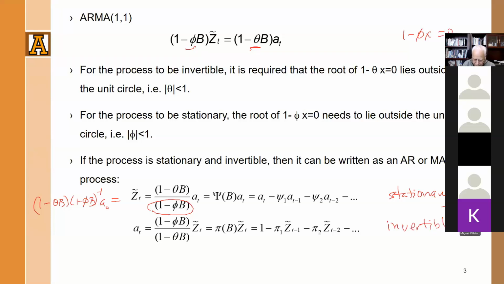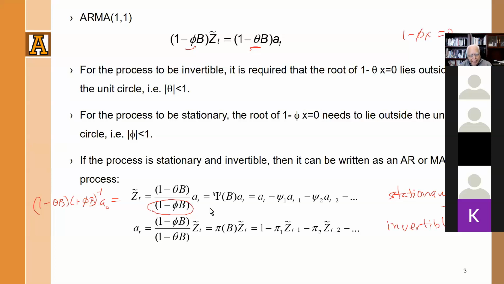If it's invertible, I can express a_t, the white noise, as a linear combination of the previous values of Z_t. If it's stationary, I can write Z_t as a linear combination of current and previous values of a_t, which is what these expressions say.